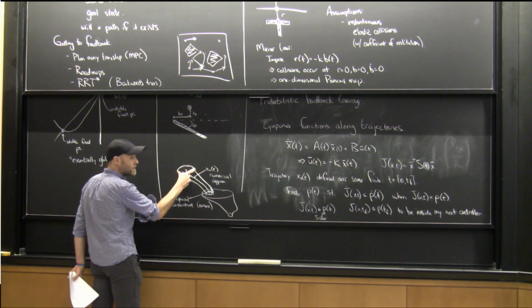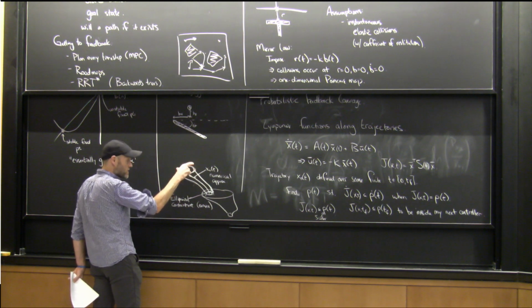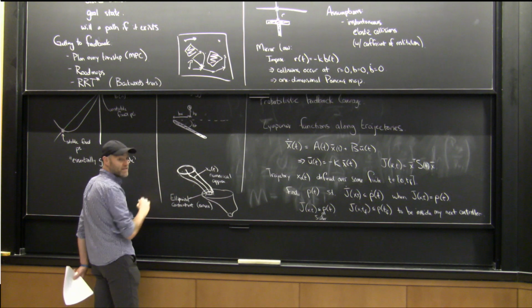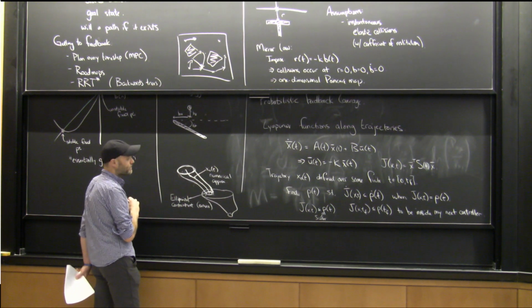Now I'm saying only at the boundary where J of x, t equals rho, I must have that the Lyapunov equations are telling me that I will go inside or stay along the boundary of the funnel. Okay?